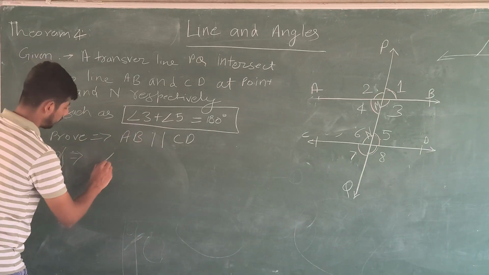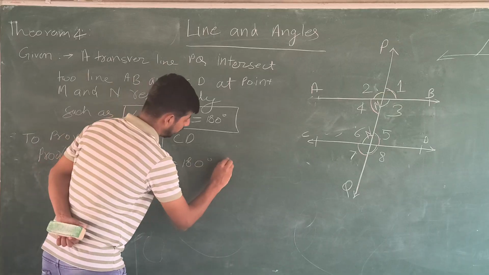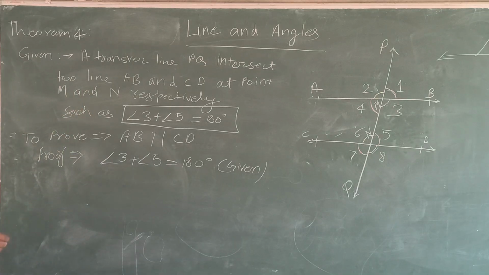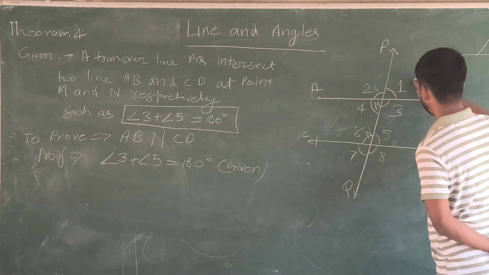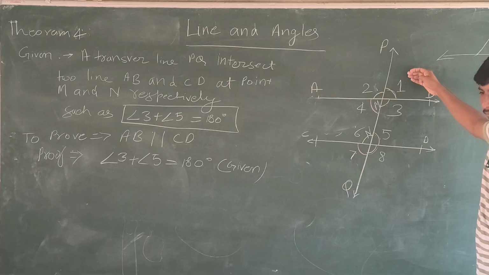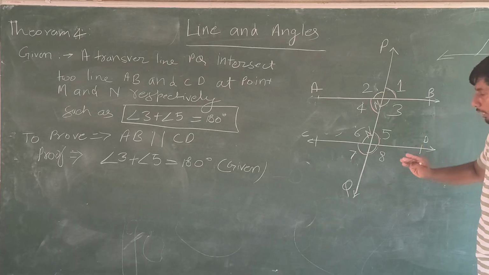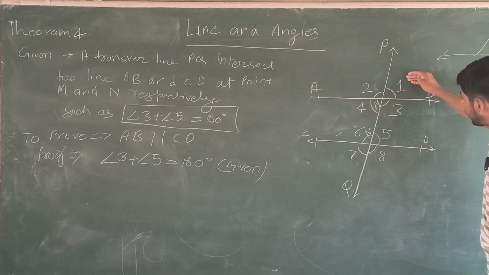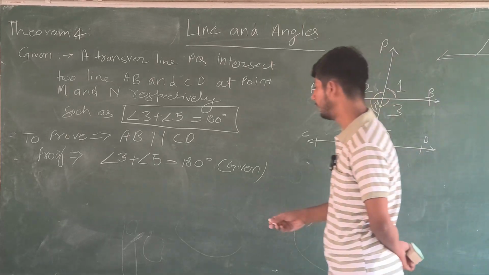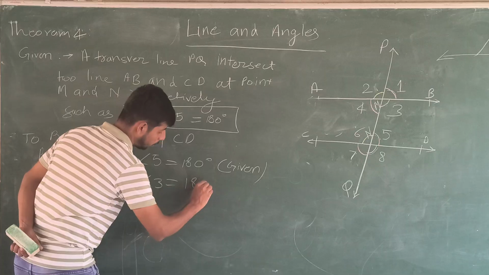So we can write angle 3 plus angle 5 is equal to 180 degrees, which is given in the theorem. So by linear pair, we can write angle 1 plus angle 3 is equal to 180 degrees.